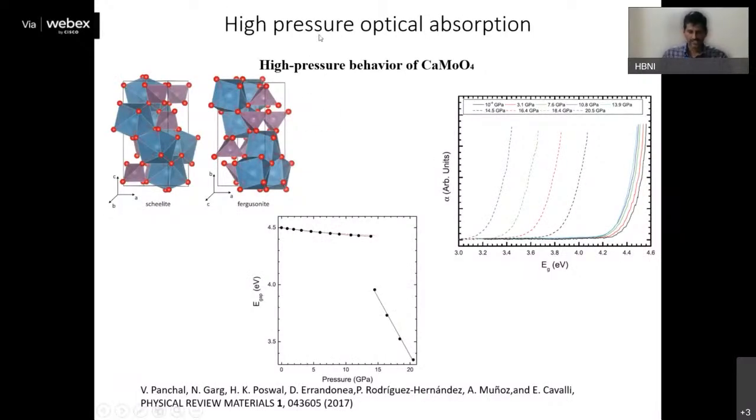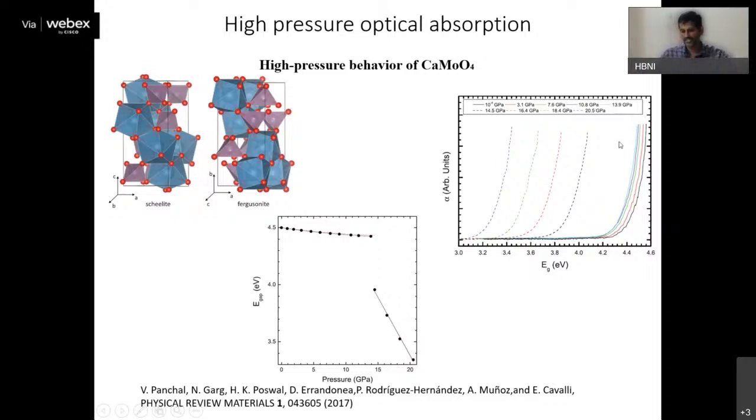Here is an example where a high pressure optical measurement is performed, and you can see that when you increase the pressure, there is a change in the band gap. The black curve is the ambient, and when you increase the pressure the band gap reduces, so you can see clearly there is a reduction in the band gap.